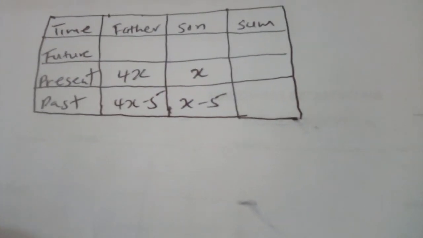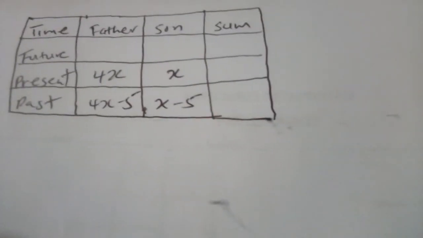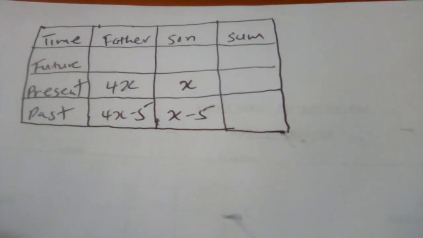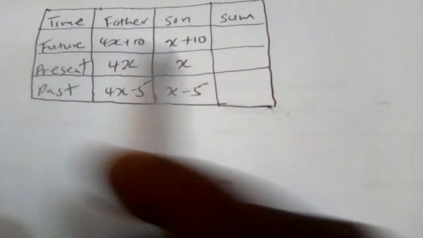We have one part that is not filled, that is the one about the future. We are adjusting our present time to future by adding 10 to both. So we have x plus 10 and 4x plus 10. So 4x becomes 4x plus 10 to move to future, and x becomes x plus 10 the same way.